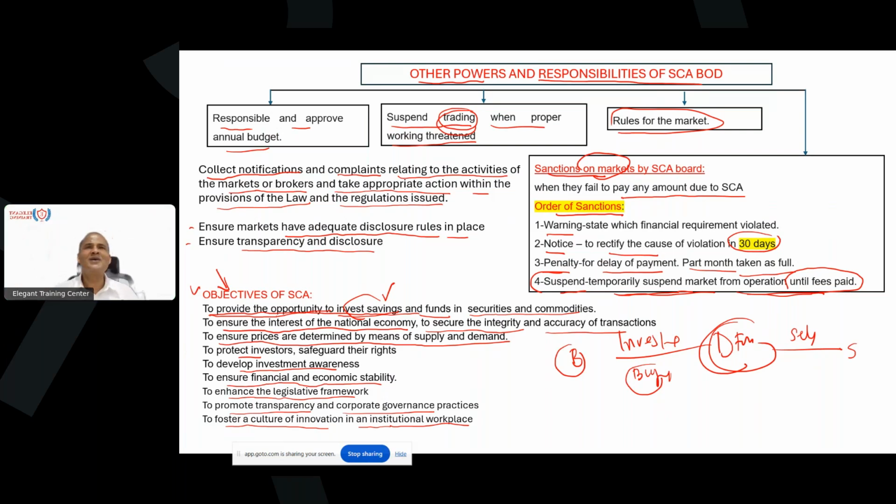Number two, if any situation in the country threatens the working conditions of the investment climate, then also SCA can suspend the trading. Some emergency happened. For example, SCA can take a decision to stop the market. So suspension of trading when proper working conditions are threatened.